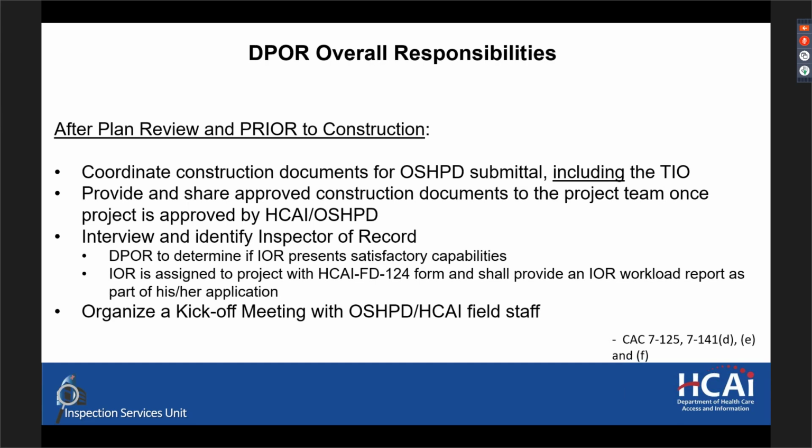The regional compliance officer will use that workload report in order to deem whether or not the inspector is capable of performing adequately on an additional project, and that he or she is not spread too thin and potentially may slow down the contractor because he or she is not available at any given moment. And then the design professional should be organizing a kickoff meeting with OSHPD and HCI field staff.